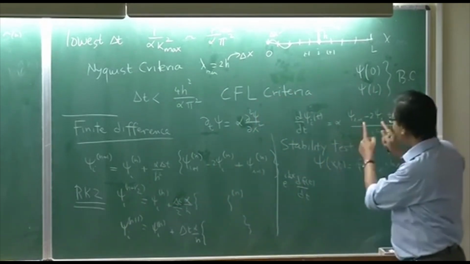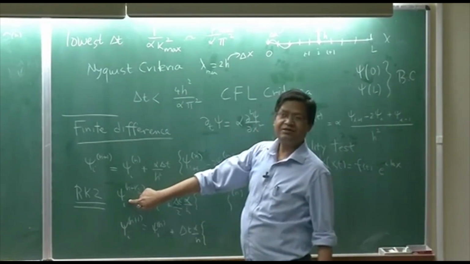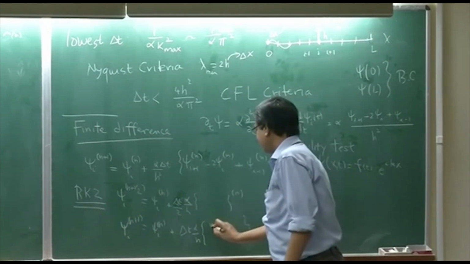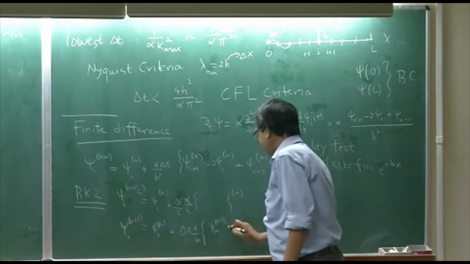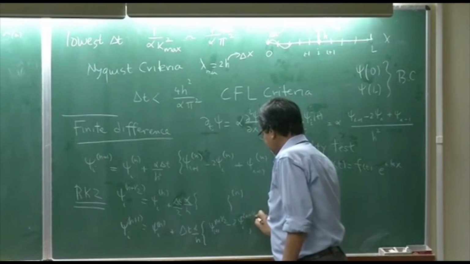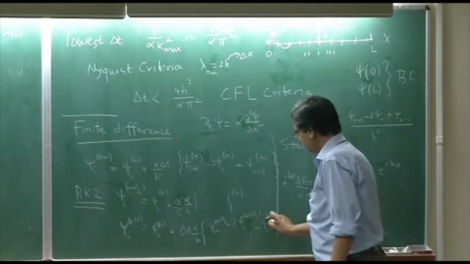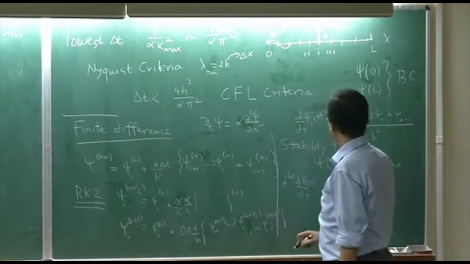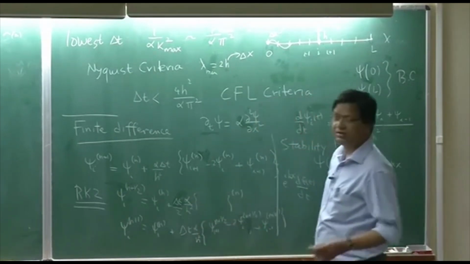So don't take this second derivative, but compute the second derivative from here, which will be psi i plus 1 at n plus half and so on.